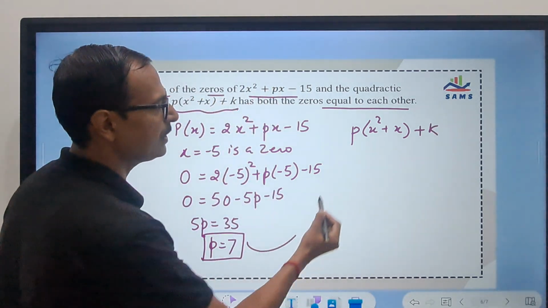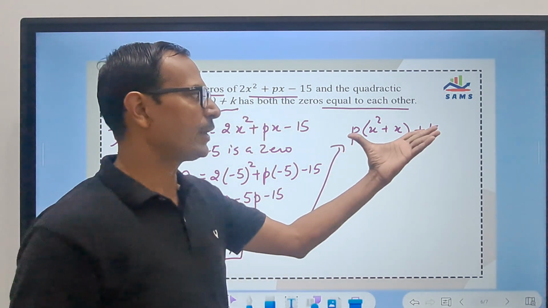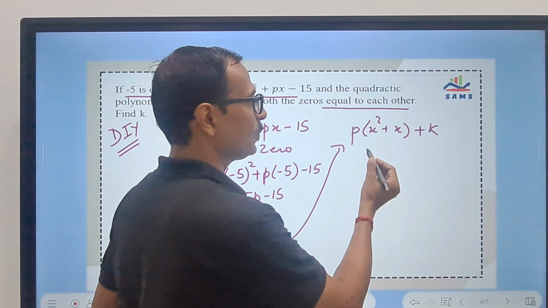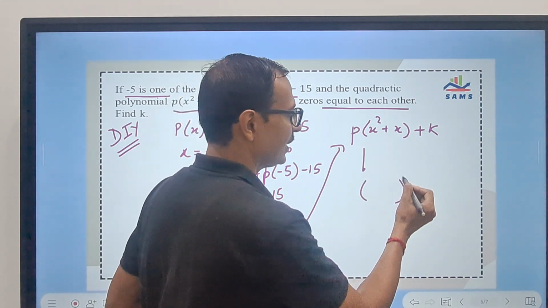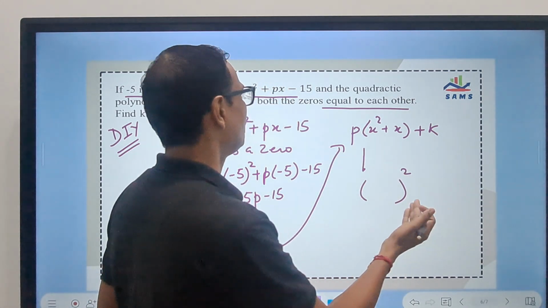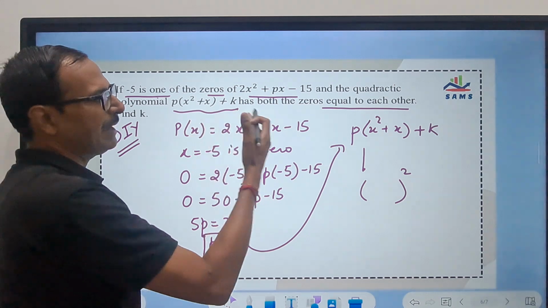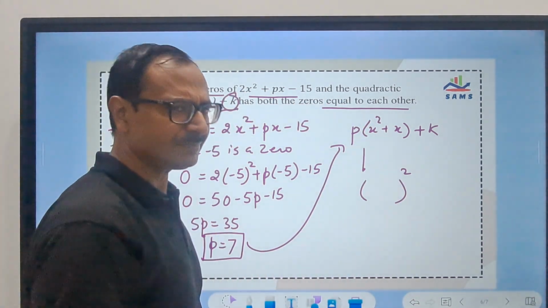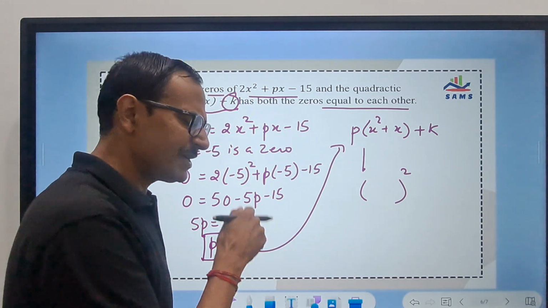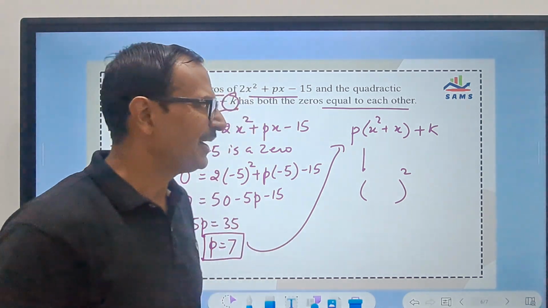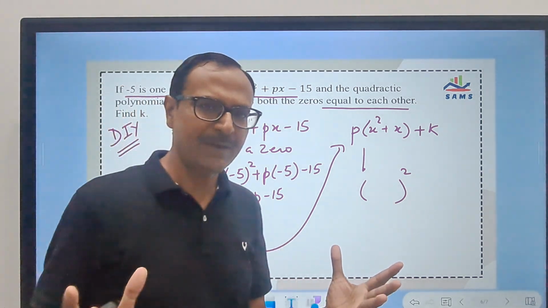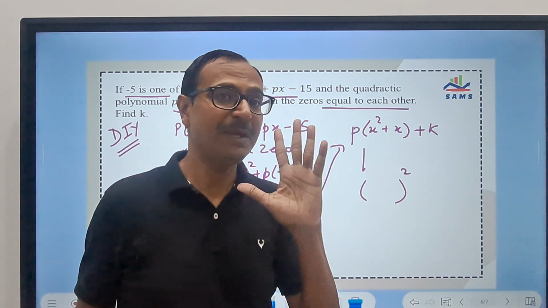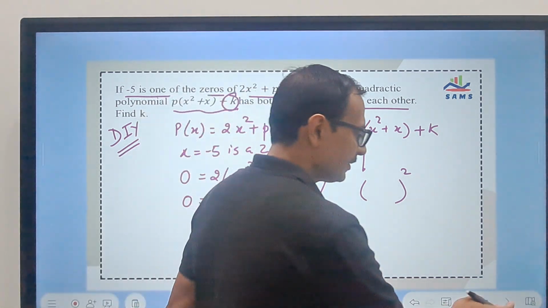Put the value of p here and you will have another quadratic polynomial and try to convert that as a whole square, and then if you manipulate this question, you are going to get the value of k. Try this. Do post your comments here whether you could solve this or not, and watch the entire video 2 or 3 times. Okay, this is very important, very important.